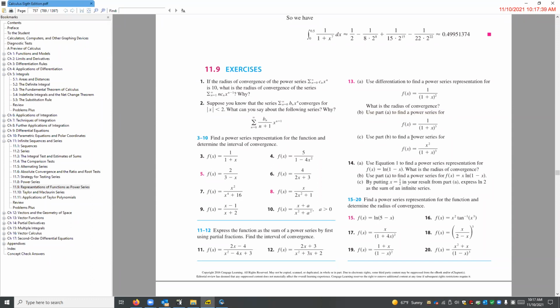So what we're going to do is use the fact that 1 over 1 plus x all squared is equal to sigma n from 1 to infinity, negative 1 to the n plus 1, n x to the n minus 1, to find power series for two other functions: 1 over 1 plus x cubed, and x squared over 1 plus x cubed.